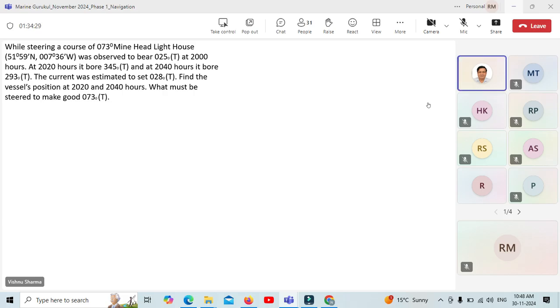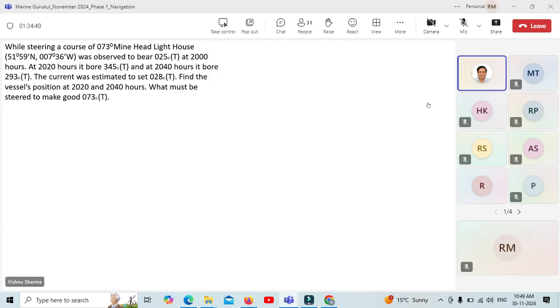Sorry. While steering a course of 073 degrees, Minehead light was observed to bear 025 degrees true at 2000 hours. At 2020, it bore 345 degrees. This is a 3-point bearing, right? They're all Minehead bearings.